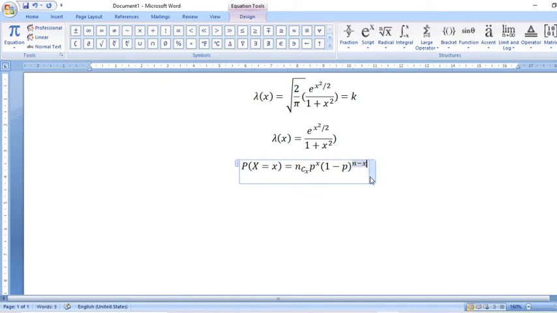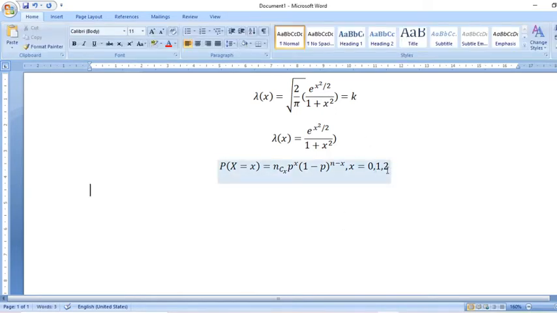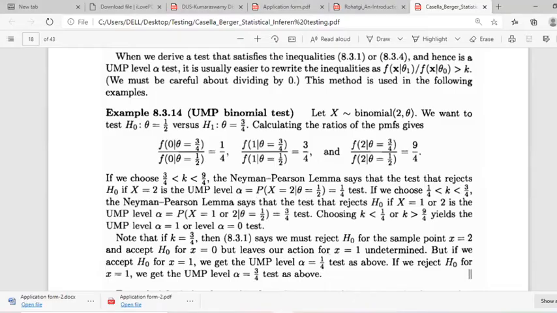What are the possible values of x? X equal to 0, 1, 2. So these are the possible values of the binomial distribution. Here they are using the notation f, but I think you have studied the notation in terms of P of X equal x. Whatever the notation, we can study the concept. So f of 0 comma theta 3 by 4.